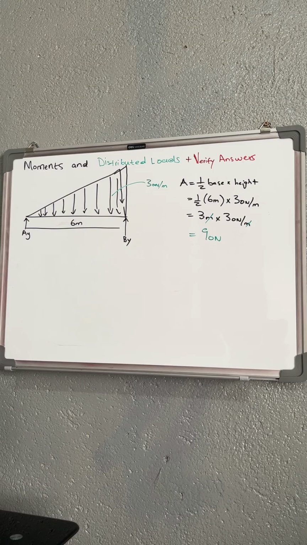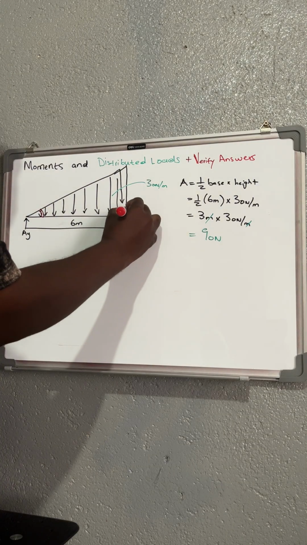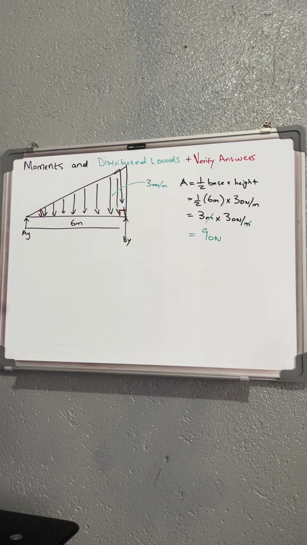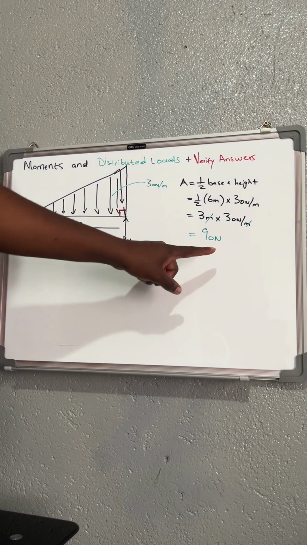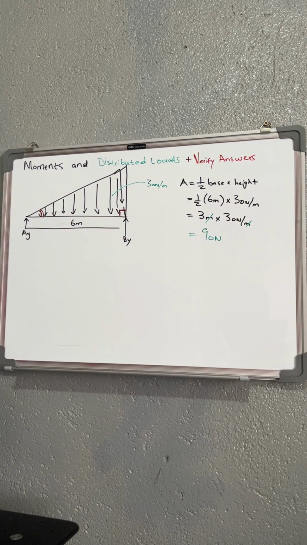But now the question comes, where are we going to place that 90 Newton? Remember, this one is not a square, so we can't just put it exactly at 3 meters. In this one, we are going to do it in 2 methods. We have the short side and we also have the long side. With this method that I'm explaining now, I'm basically trying to pin down the distance where we're going to put this 90 Newton.